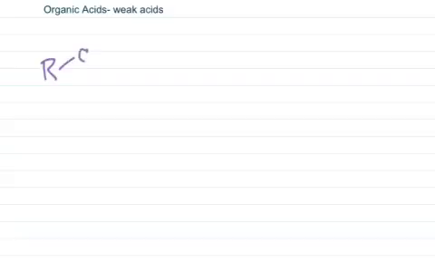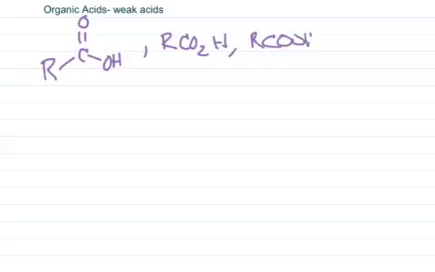And then you have a C double bond O and an OH, or alcohol. So this is what it looks like. You might also see it written as RCO2H or RCOOH. So this is known as a carboxylic acid.